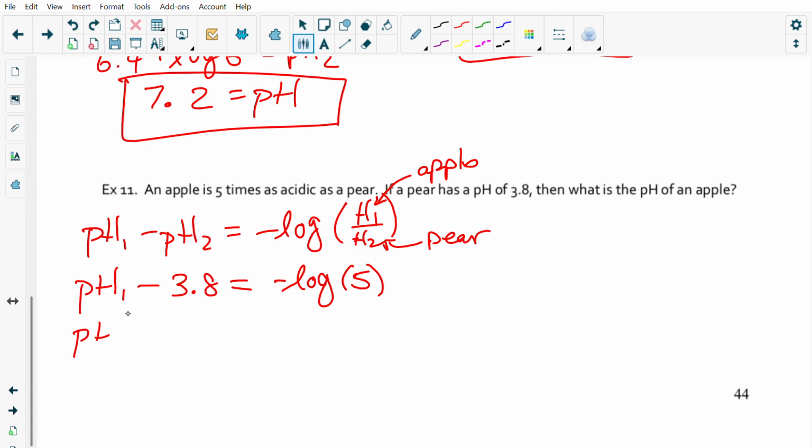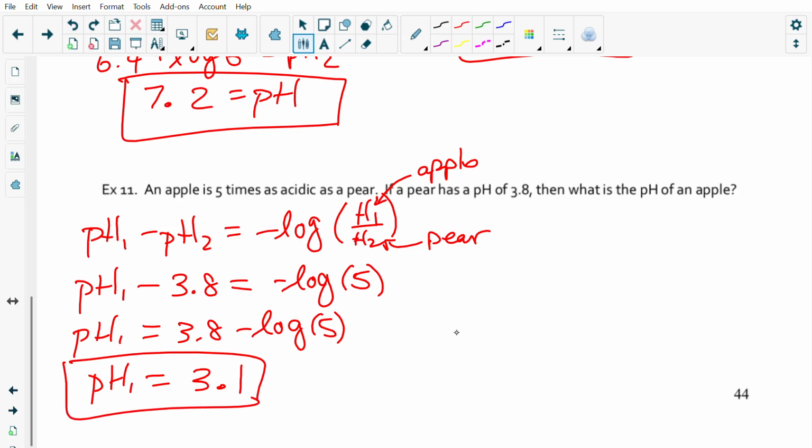So we're solving for pH 1. pH 1 equals 3.8 minus log of 5. So pH 1 equals 3.1. So the pH of the apple is 3.1. And folks, that is the end of our unit.